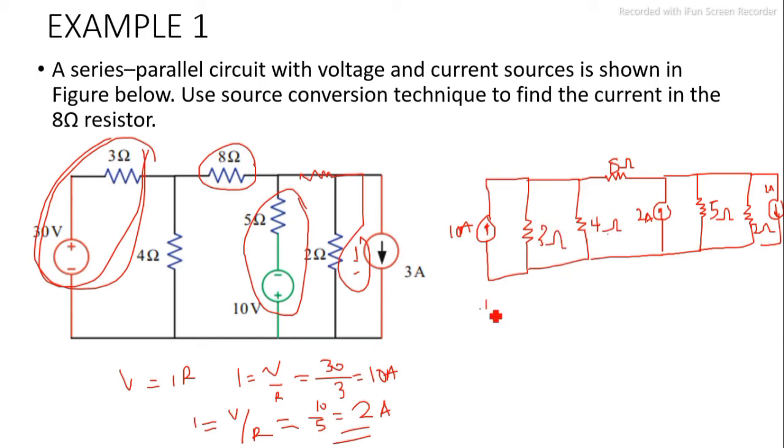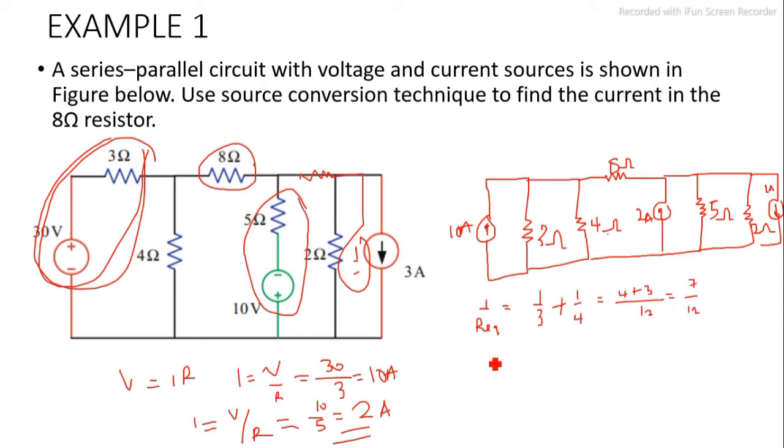So we are going to have 1 over R equivalent equals 1 over 3 plus 1 over 4, and the LCM is 12. So 3 in 12, that's 4 times 1, that's 4, plus 4 in 12, that's 3 times 1, that's 3, equals 7 over 12.